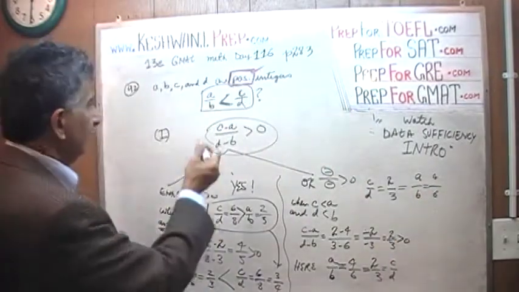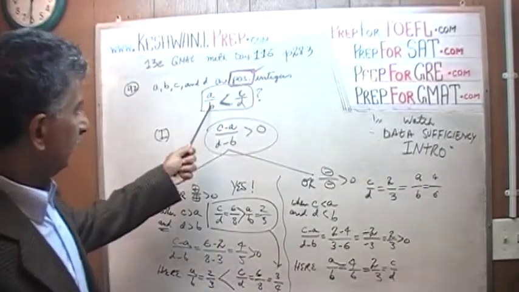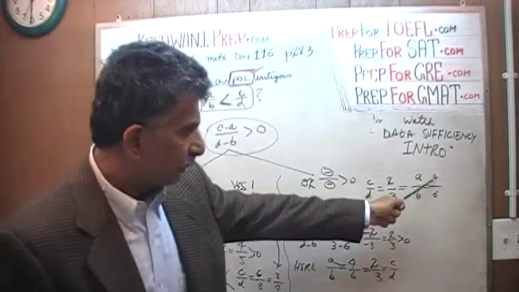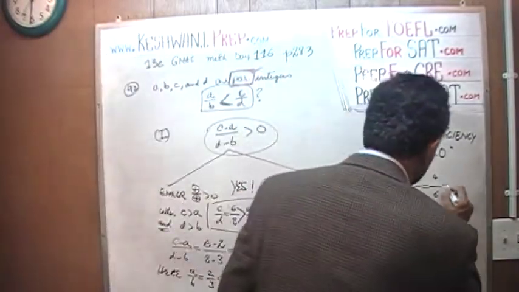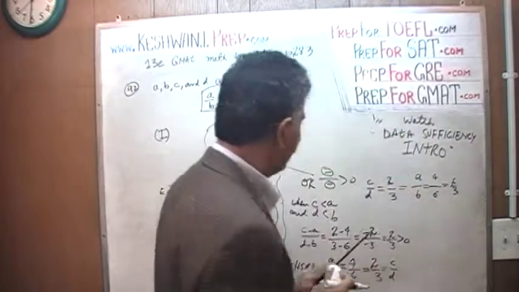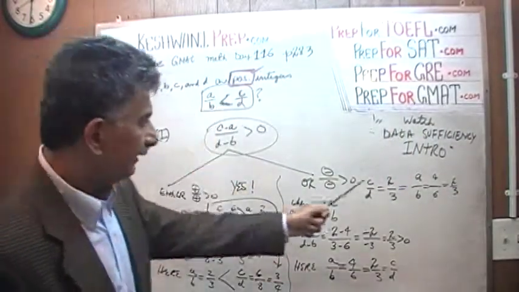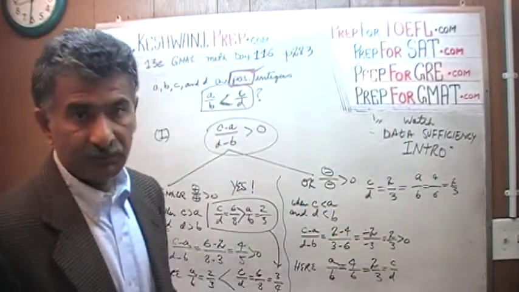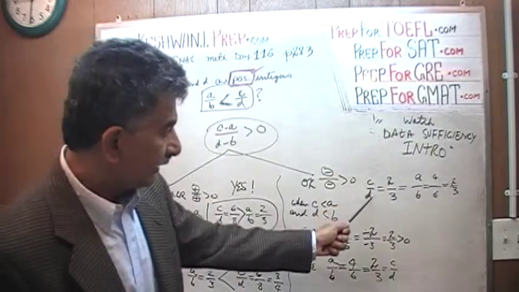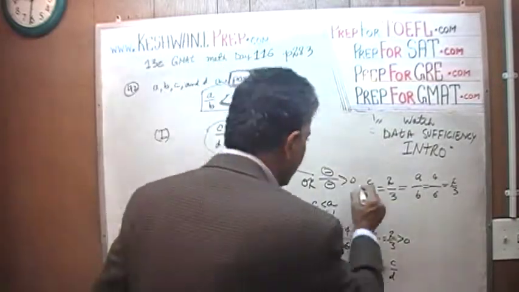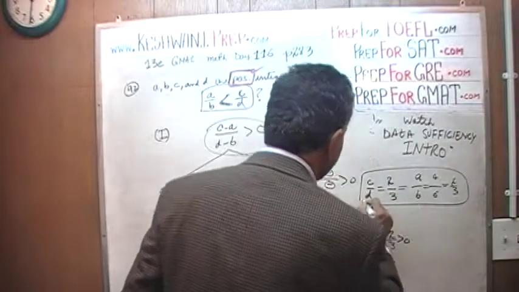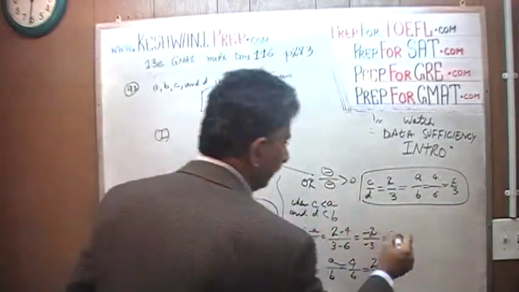So the question was, is a over b, which is 4/6, which is the same as 2/3, less than 2/3? Of course, 2/3 is not less than 2/3. Here, c over d is the same as a over b. So under this situation, the answer to this question is no.